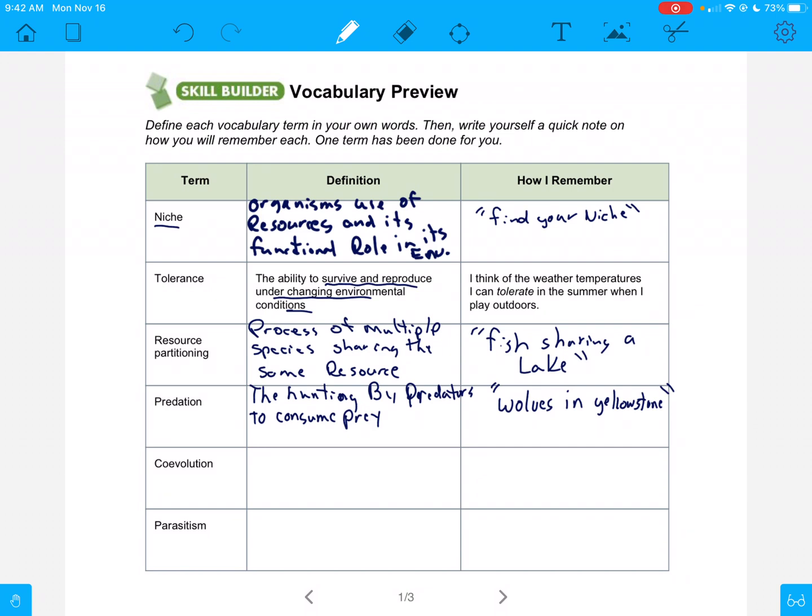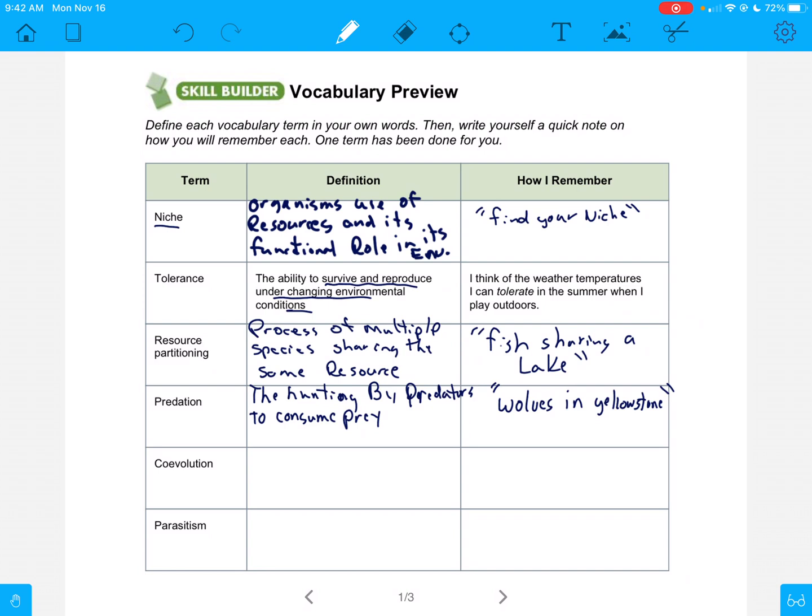The next one is coevolution. So I'm going to read a paragraph in your book on page 137 on coevolution. It says some predator-prey relationships are examples of coevolution. Coevolution is the process by which two species evolve in response to changes in each other.